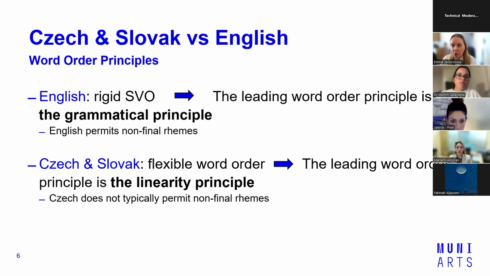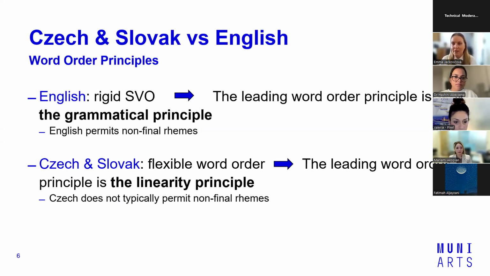English has rigid subject, verb, object word order, which means that the leading word order principle is the grammatical principle. That means that English permits non-final rhemes. How so? Well, if the most important part of the sentence has to be the subject because of the grammatical rules, it will stand at the beginning of the sentence. However, this doesn't happen in Czech and Slovak.